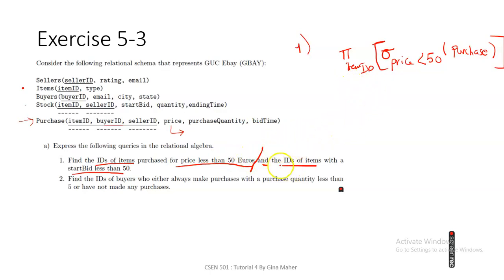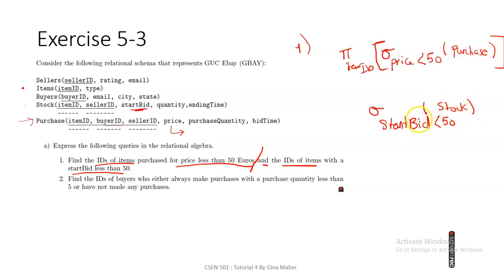No, because we want to get the second part, which is the IDs of the items with a start bid less than 50. Where can we find the start bid? Here. So in this case, we are going to get our information from this relation, which is stock. So we are going to select start bid less than 50 from stock.